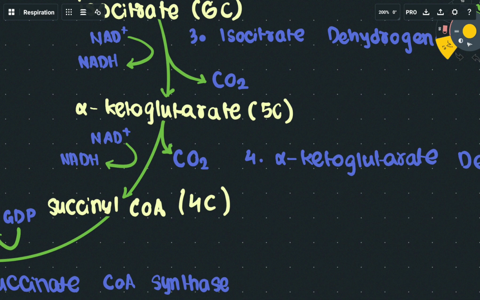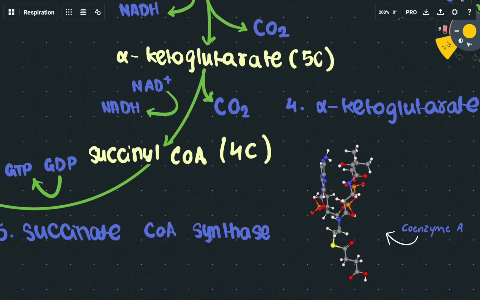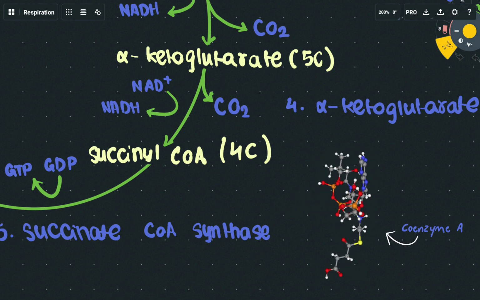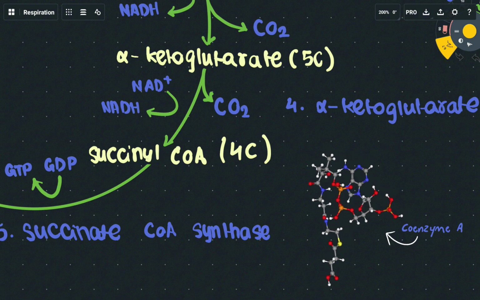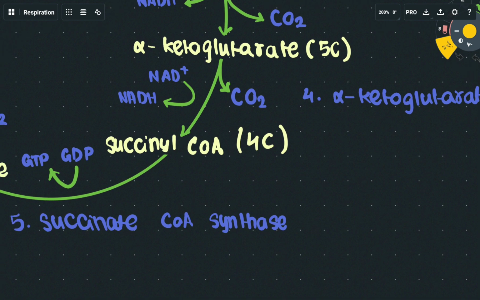So till now we made two NADH molecules, and just a reminder that NADH is later going to go on to the electron transport chain to give us our main product, ATP. Now, one more carbon dioxide molecule is removed, and we finally are left with succinyl CoA. You would notice that it's CoA, so there is a coenzyme A molecule attached to the succinyl molecule. So that is a four carbon molecule.